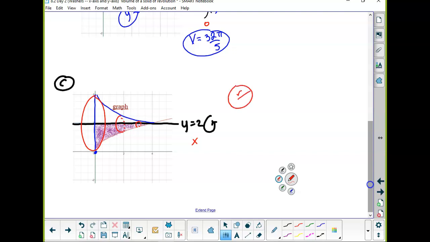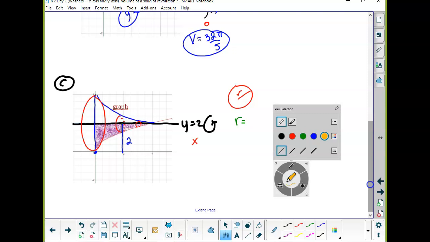So I just need a radius. The radius is tricky though. Well, I like to draw the radius in right here. So we have to be careful. Okay? What if I drew it all the way down to the x-axis? How long is that blue line? 2, right? The blue line is 2. How long is it to this little mustardy yellow line?